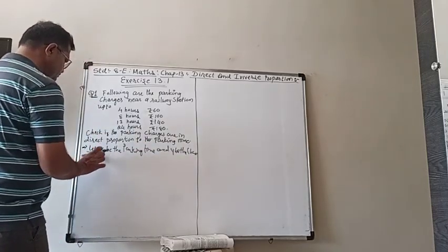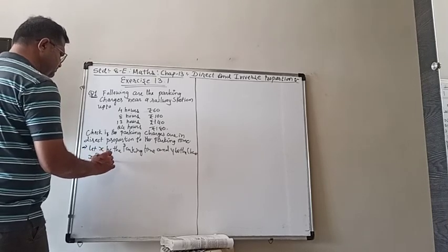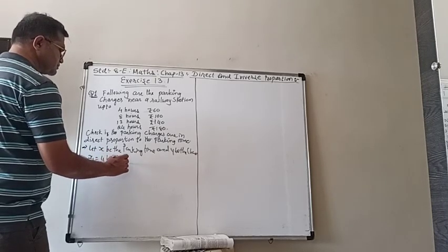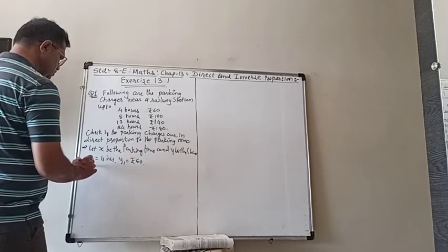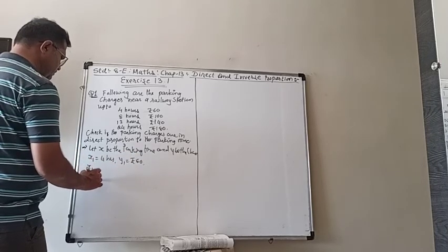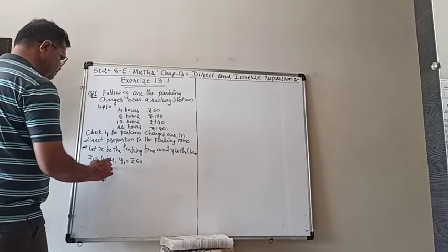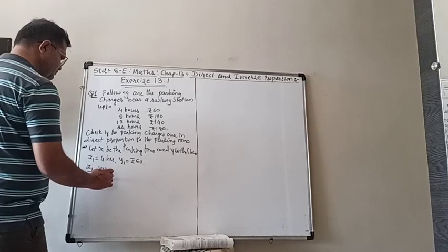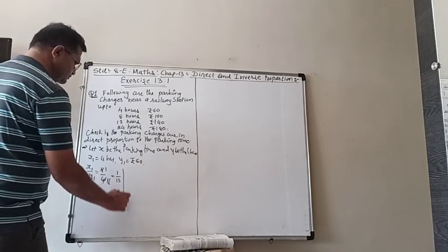So now X1 is equal to 4 hours, Y1 is equal to rupees 60. So X1 upon Y1, we got 4 upon 60. So we get the ratio 1 upon 15.